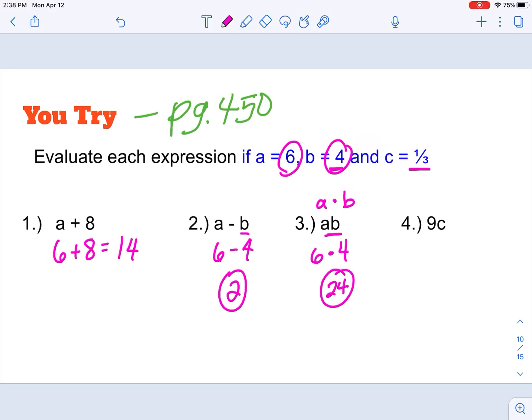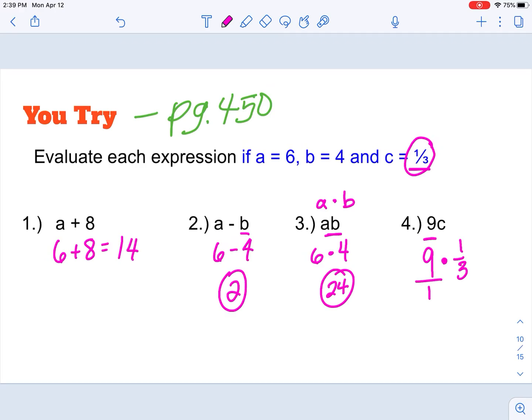Okay, last one. This one uses C, so this one's going to include a new number. We have 9, and then C, which is 1/3. So we're going to put a 1/3 in for C. They're touching each other, so I know it's multiplication. 9 times 1/3.